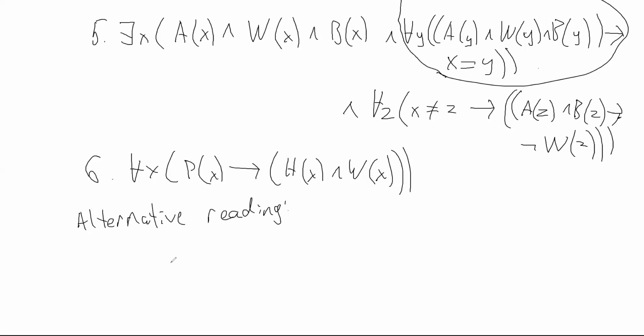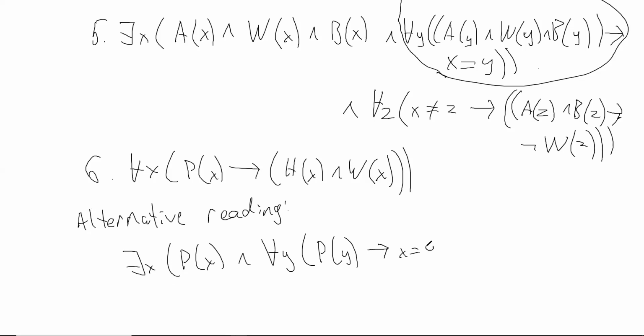And so on this alternative reading, what we'd get is this. There is a horse, there is a Pegasus, and that Pegasus is unique. Right, so what this says is that there is a Pegasus, and there's only one of them, and that thing is a winged horse.